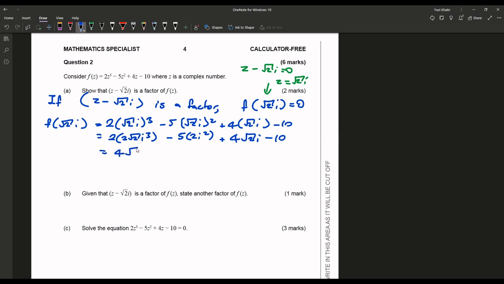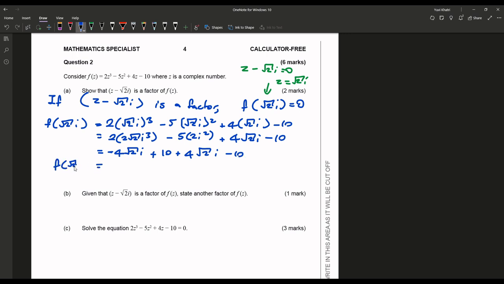Now this is 4 root 2 i cubed. Now since i cubed equals negative i, this is just going to become i, and there will be a negative at the front. And then this is take 10i squared, but since i squared is negative 1, it just becomes plus 10. And then plus 4 root 2i, take 10.